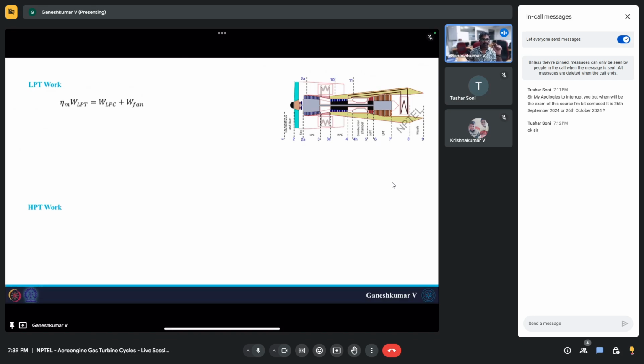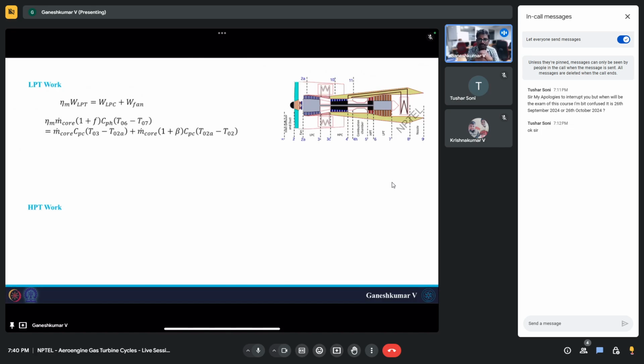If you do a work balance, the low pressure turbine runs the low pressure compressor and the fan, where the fan is connected through a gearbox. So the work generated by the low pressure turbine is equal to the work required by the low pressure compressor plus the work required by the fan. If you put in the formulas, this is what you will get.